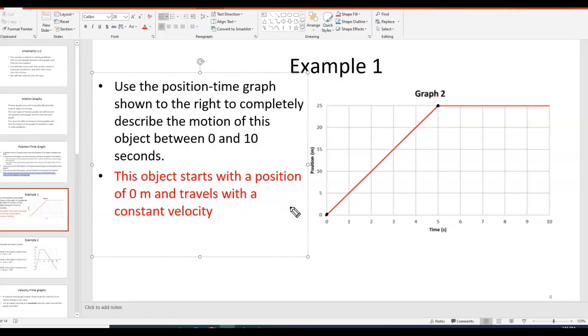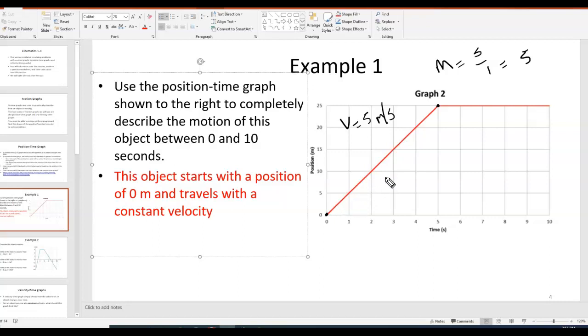Either way is fine. So what I'm going to do is I'm going to go up 5 over 1. And so the slope here would be equal to 5 over 1, which is 5. That means the velocity of the object right here is going to be 5 meters per second.